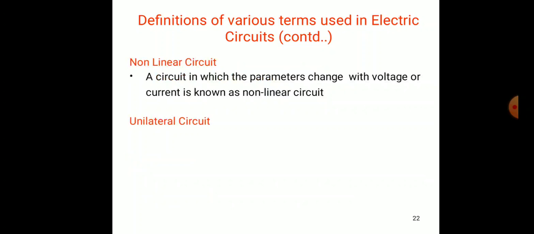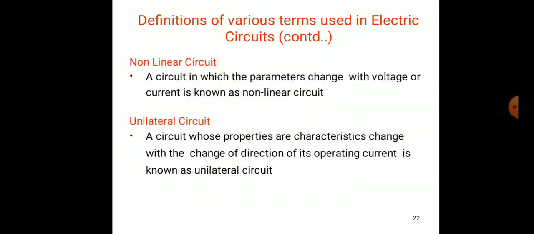Non-linear circuit. A circuit in which the parameters change with voltage or current is known as a non-linear circuit. Unilateral circuit.